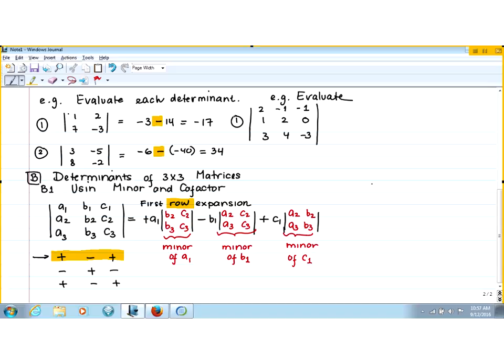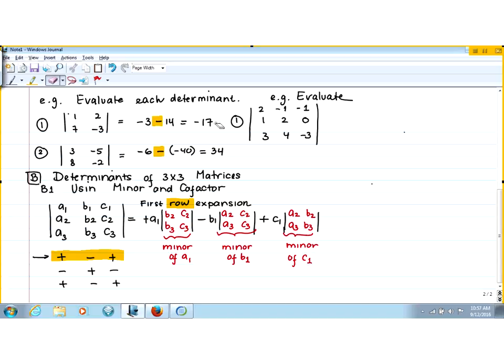All right, so what do you do here? Do you want to use the first row expansion or second row expansion? Why do I say second row expansion? Because this one contains 0 here.